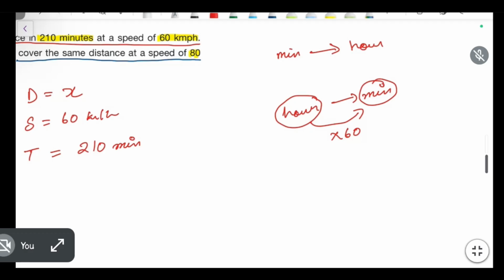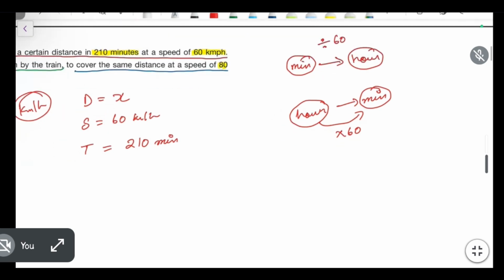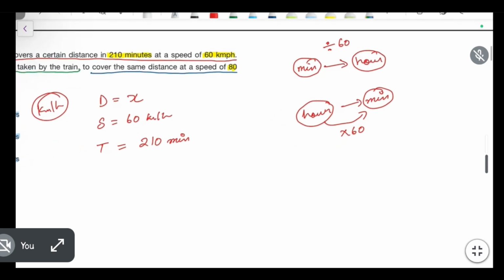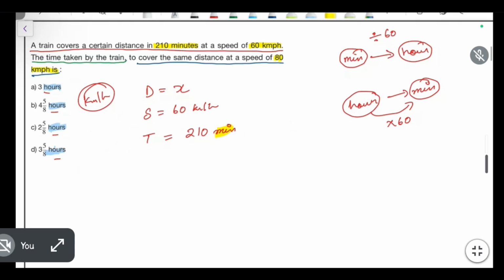And whenever you're converting from minute to hour, from a smaller value to a greater value, then we divide it by 60. Always remember that, okay? So now in this case, I want to convert this minute to hour, so we need to divide. So I'll just write 210 divided by 60.